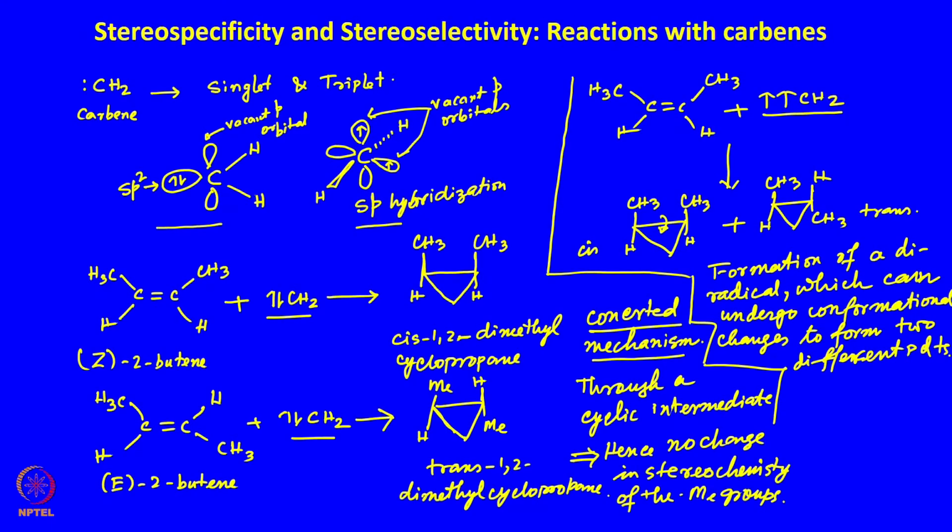So here it is clear that this reaction of alkene with a carbene gives you two types of reactions. One is a concerted step, which is also called a pericyclic reaction, and the other one proceeds through a diradical formation and results in two different products which form in equal quantities.